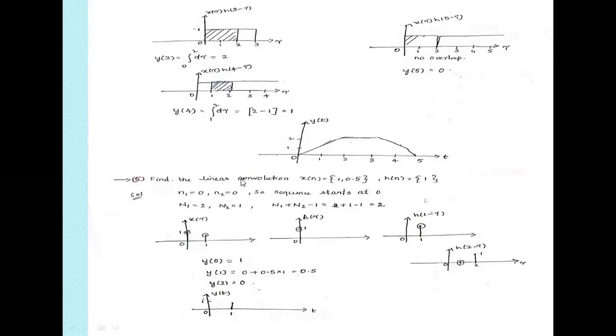Now, another example. Find the linear convolution of x of n equal to 1, 0.5, and h of n equal to 1.